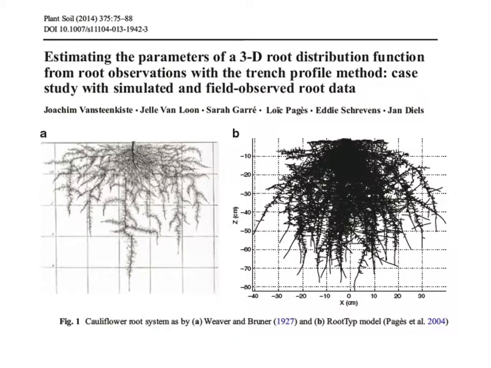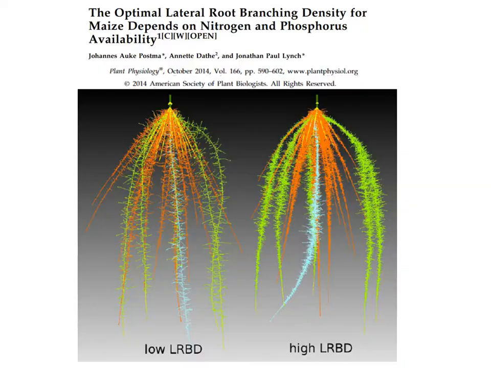People have compared models on one side with those kinds of drawings, on the other, trying to recreate this complexity of the root system. We've all heard of the SimRoot model and its uses for various types of analysis of what the real root system would do.